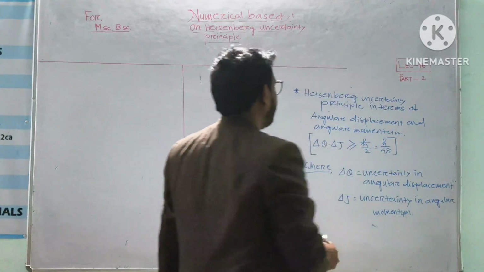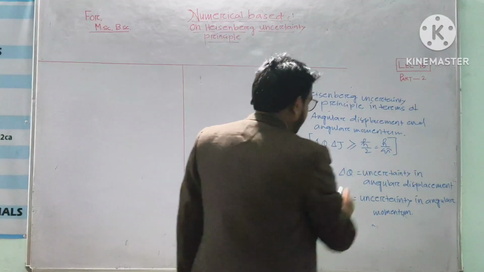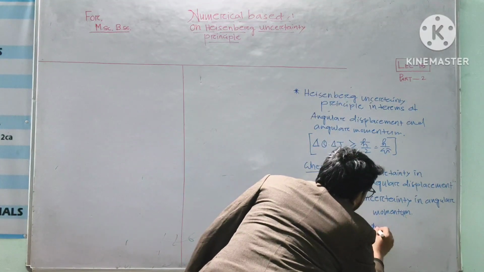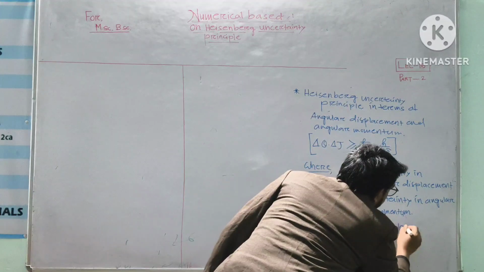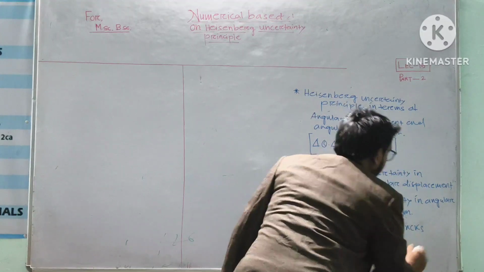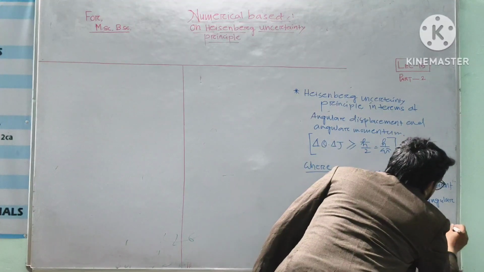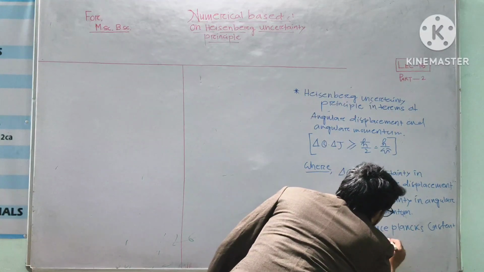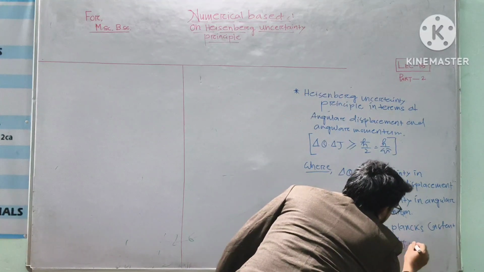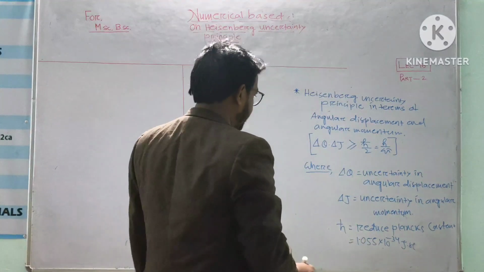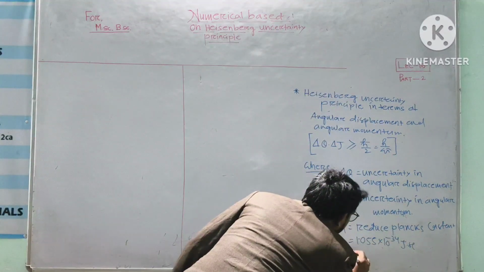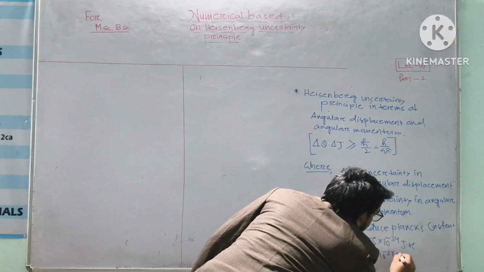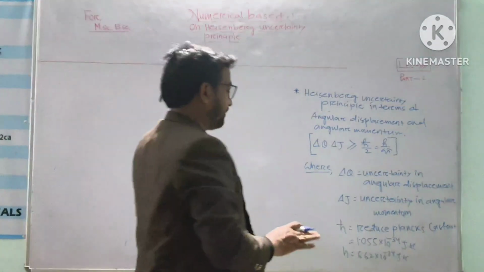Again, h cross is the reduced Planck constant, equal to 1.055 into 10 to the power minus 34 joule second, and h is 6.62 into 10 to the power minus 34 joule second. This is also the Planck constant.